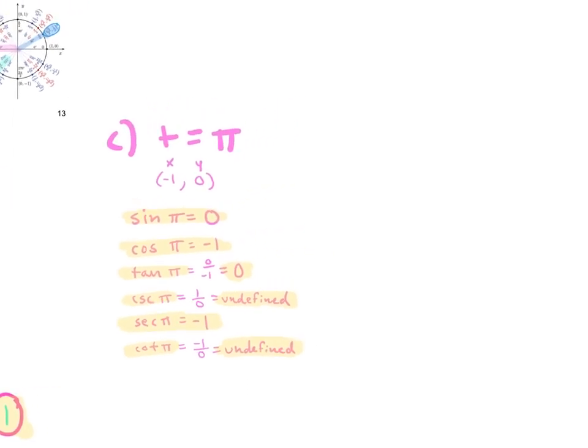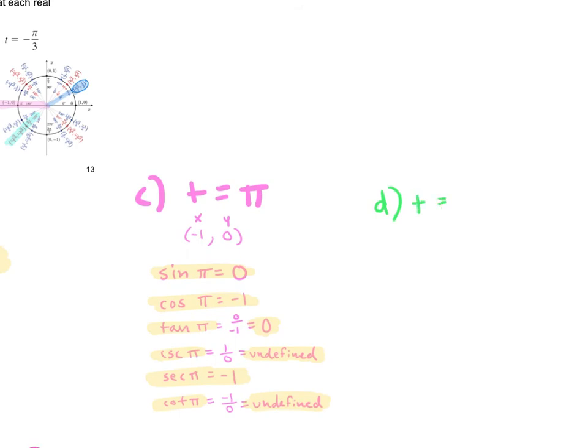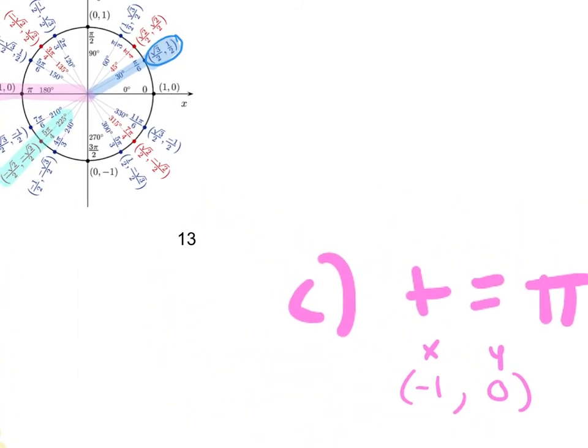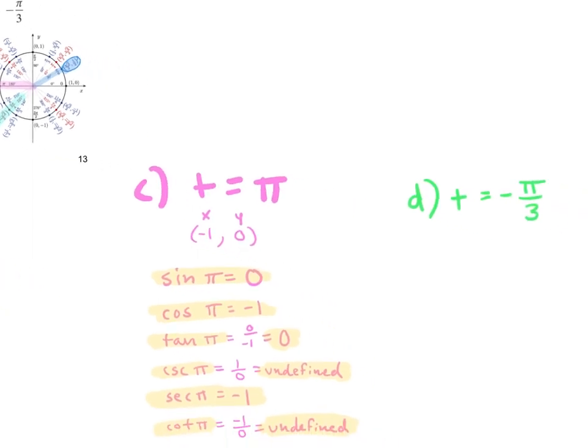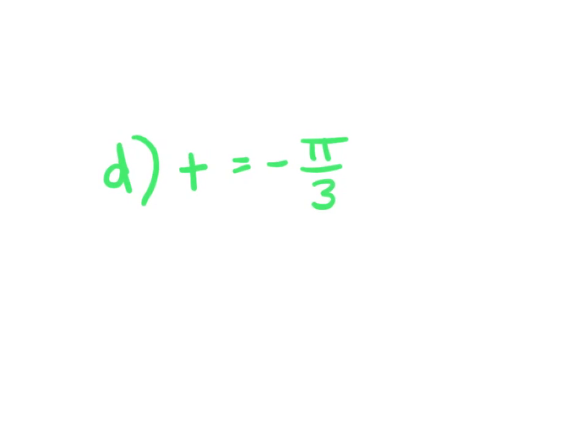All right, last one, D. What's the first thing we need to do for D? Find it on the unit circle. So we need to find negative pi over 3. We're going in the negative direction. I find it easier to think of this in degrees. What would pi over 3 be in degrees? 60 degrees. So now we're looking at negative 60 degrees because it's negative.